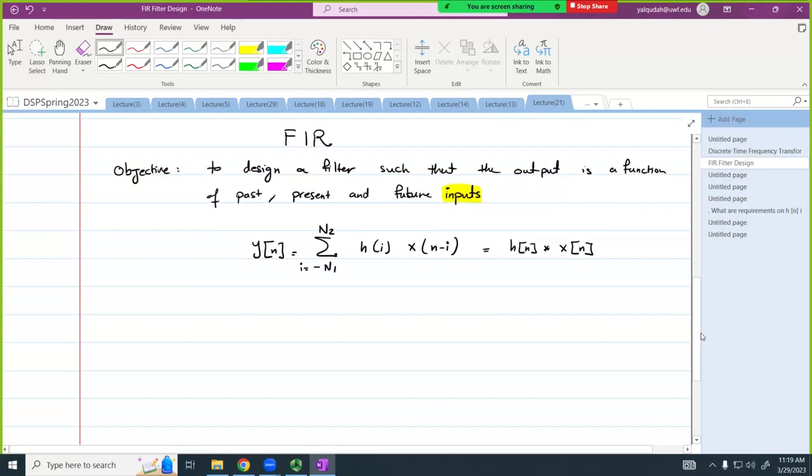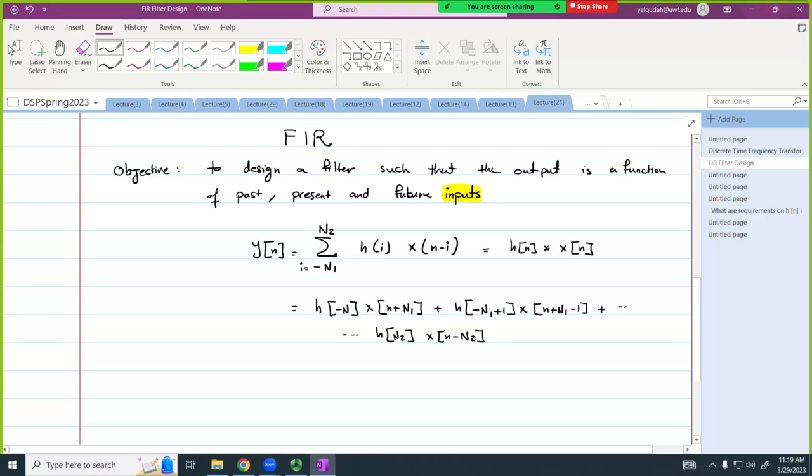Okay, so therefore, we can write this as h of negative n1 multiplied by x of n plus n1, plus h of negative n1 plus 1 multiplied by x of n plus n1 minus 1, plus h of n2 multiplied by x of n minus n2.